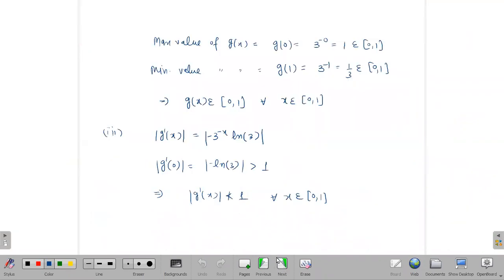Student: Ma'am, what you wrote here, g dash 0 is more than 1. Maybe it could become less than 1. Ma'am, if we take the minus sign and take it into the power of the natural log, meaning 3 to the power minus 1, it can become 1/3. Teacher: ln of what? Student: ln of 1/3, so it would be less than 1. Teacher: Minus ln of 3. Is it less than 1? Student: Yes ma'am, it will not be less than 1. Teacher: It is a natural log actually.